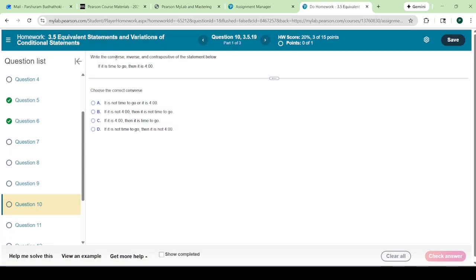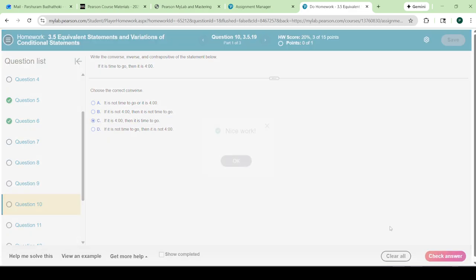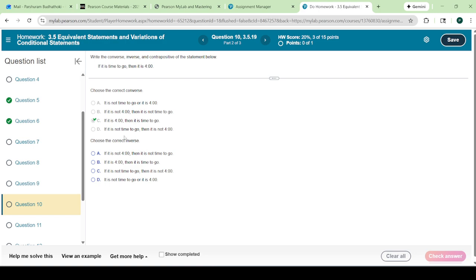Write the converse, inverse and contrapositive. We can use the help of this. If it is time to go, let's say P, then it is 4 o'clock. The converse of that is just flip it. So if it's 4 o'clock, then it's time to go. That's the converse.